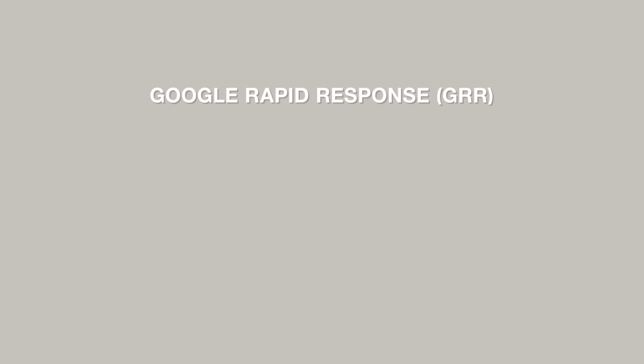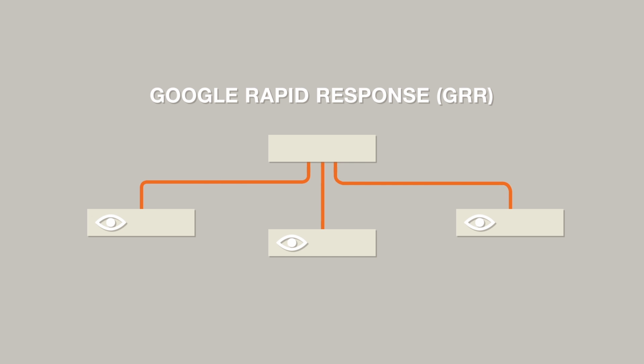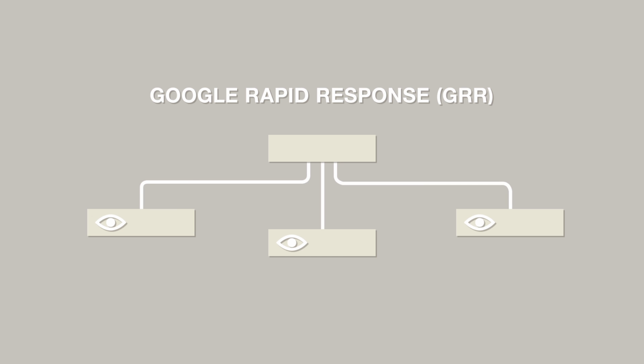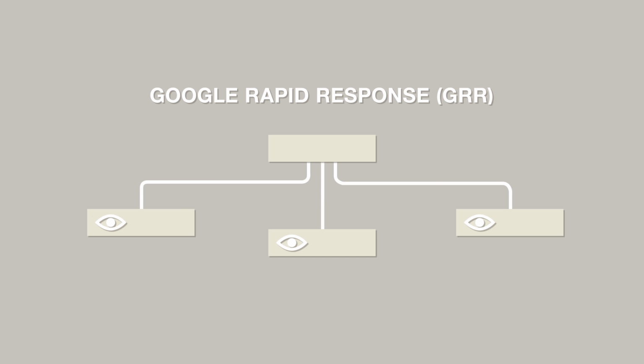GRR uses a client-server architecture. Agents are installed on all the clients that frequently communicate with the server to receive tasks and send task results to the server. The servers are responsible for sending requests to the clients and collecting information from the clients. GRR includes both The Sleuth Kit and Rekall.